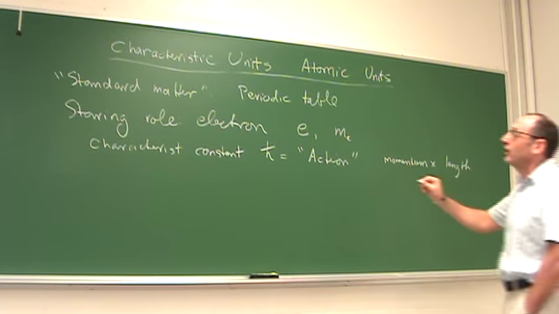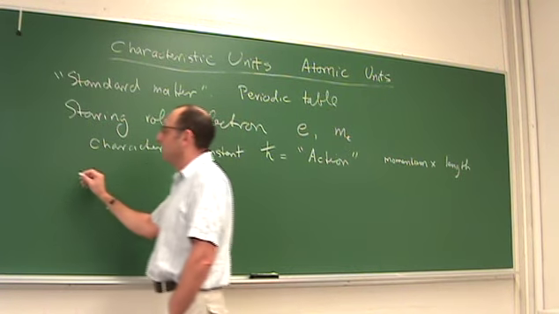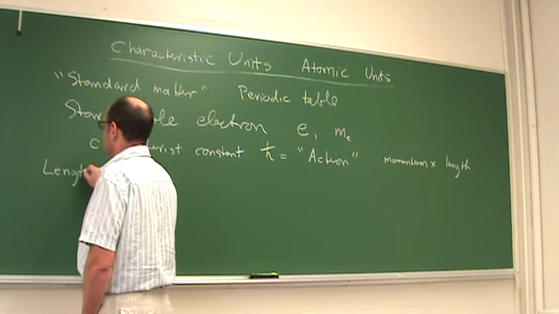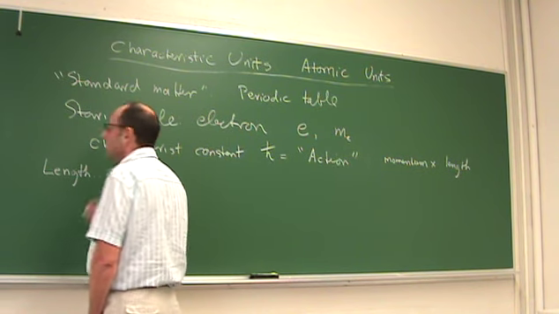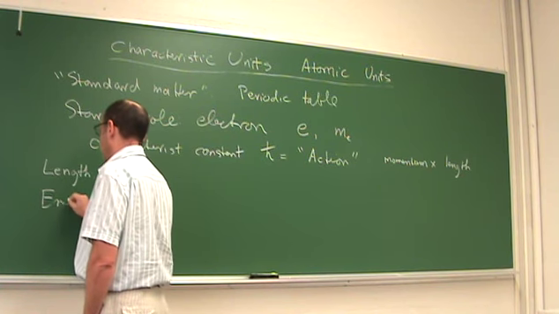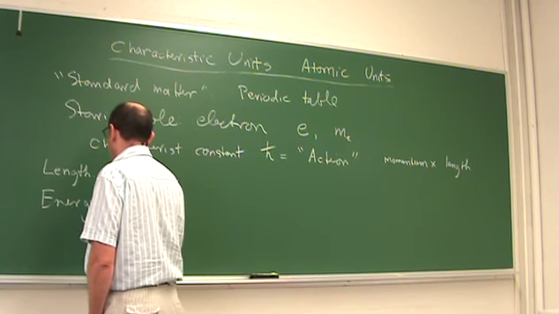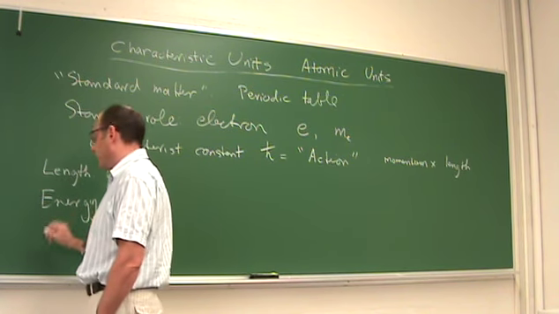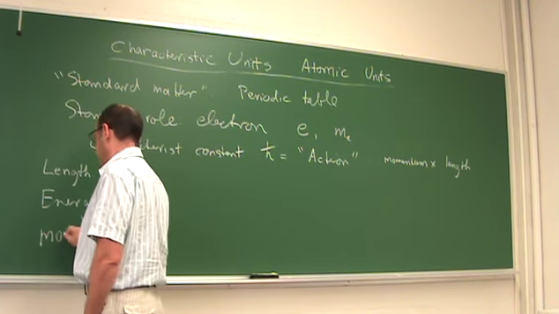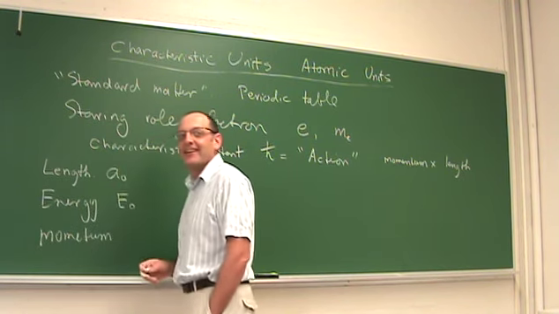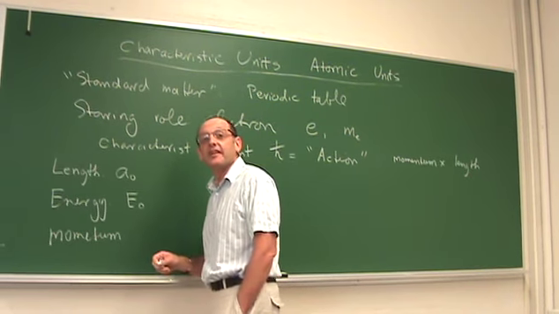So what we're looking for in atomic units is a characteristic length. I'll call that A0. A characteristic energy, I'll call that E0. And whatever else, let's just say momentum. For homework, you'll have some time to play with all of these things.